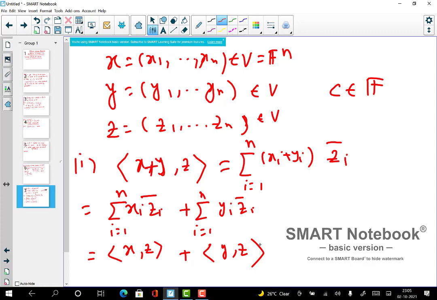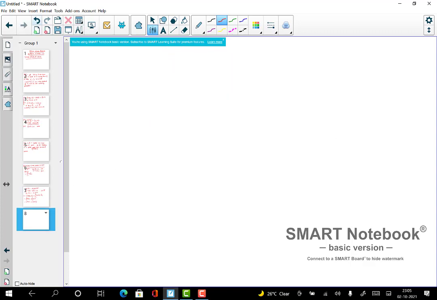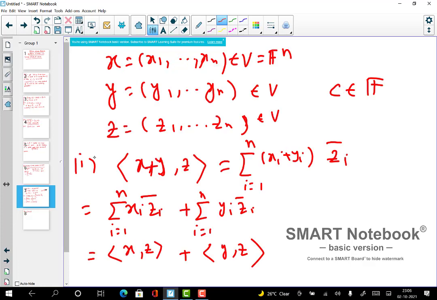Now to prove the second property, we start with the inner product of c times x with y, where c is any constant we have chosen. When you multiply an element of Fn by a constant, it multiplies each coordinate, so cx is the vector with coordinates cx1, cx2, ..., cxn.